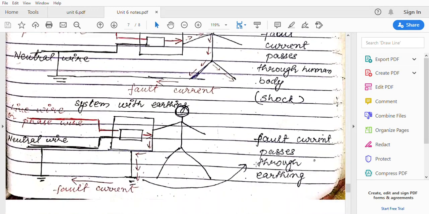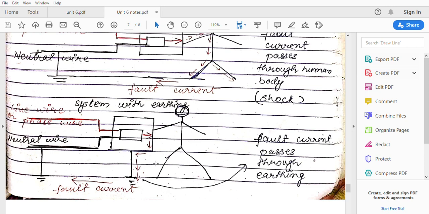But if the system is earthed, how the system is earthed, this non-conducting part is grounded as such, so this will provide lower resistance than this path. Okay, in electrical circuits, current will flow through that circuit only which will provide it lower resistance.